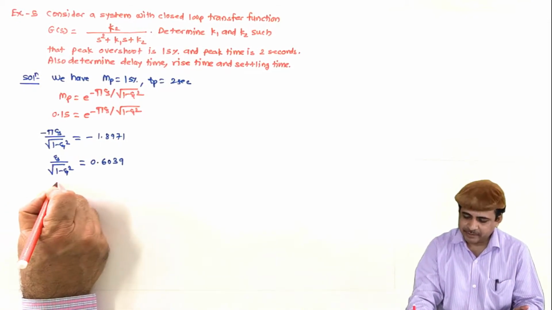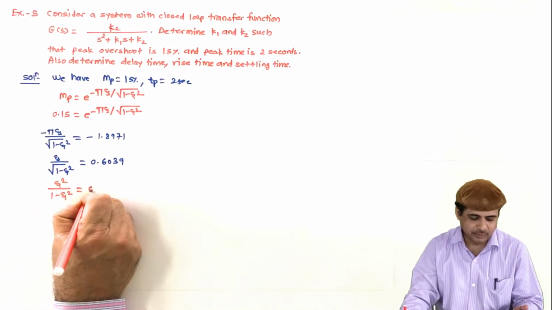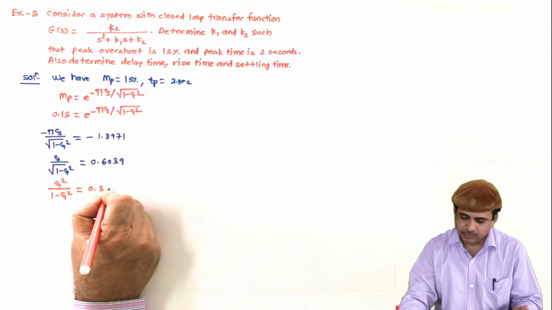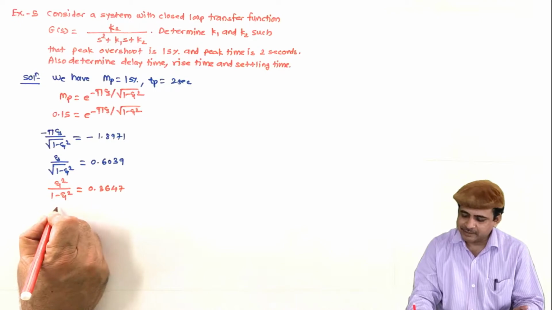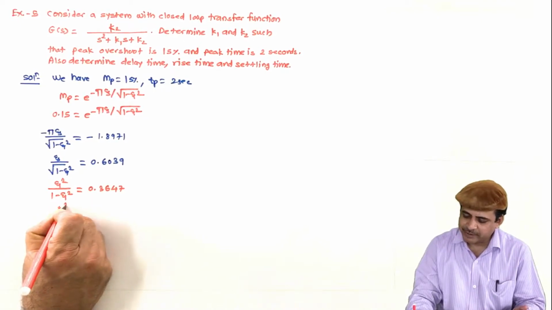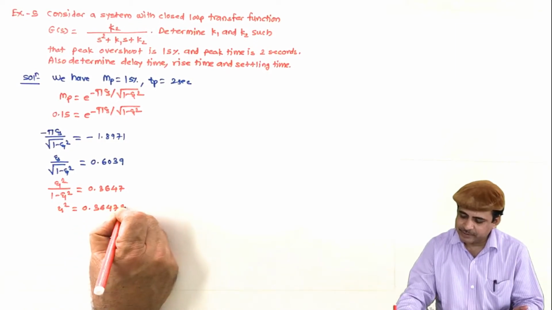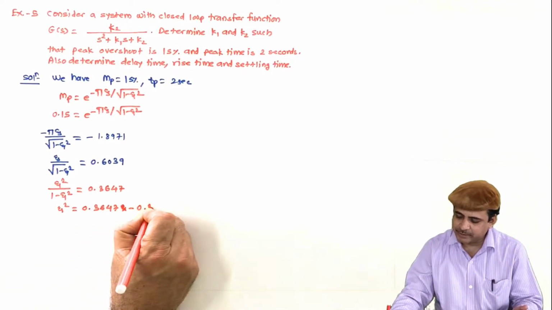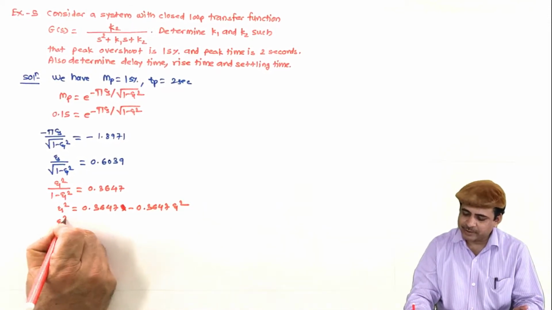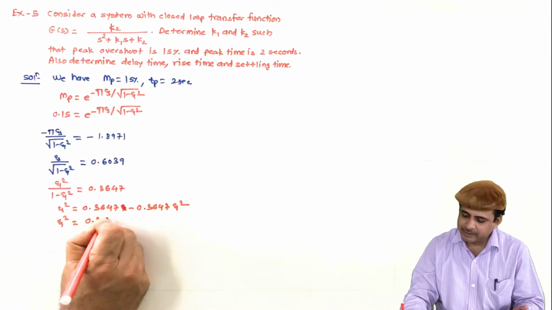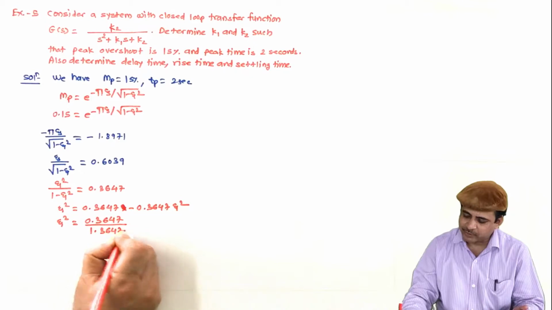So here we get zeta square upon 1 minus zeta square is equal to 0.3647. And now we can solve this as, say, zeta square is equal to 0.3647 minus 0.3647 zeta square. So zeta square will be equal to 0.3647 divided by 1.3647.